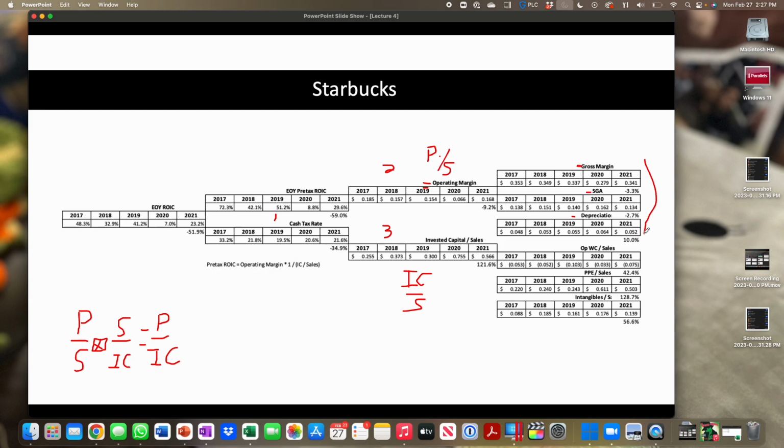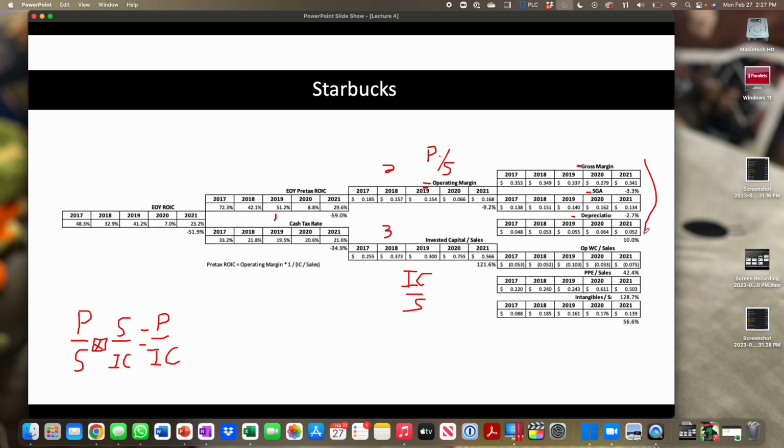Gross margin is the difference between the price and the cost of goods sold. Price minus direct cost as a percentage of sales. So basically, how much are they spending on the actual cup of coffee? In 2017, 35.3 cents is the margin left after they paid their cost of goods sold. In 2021, 34.1 cents.